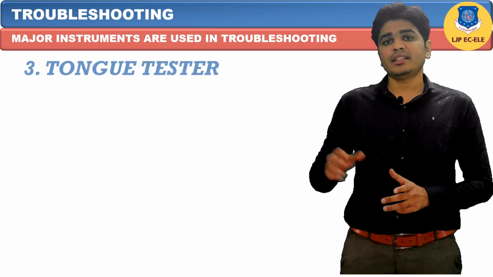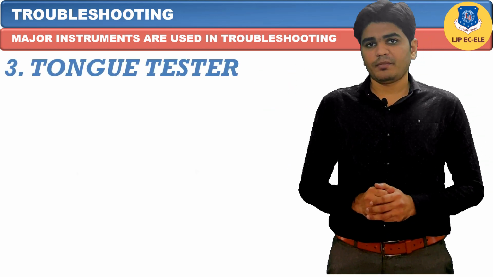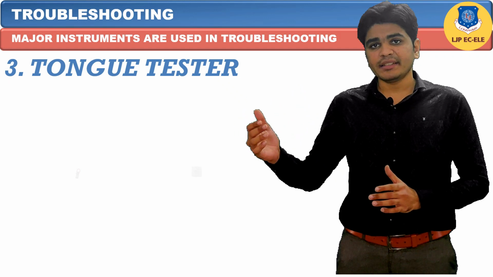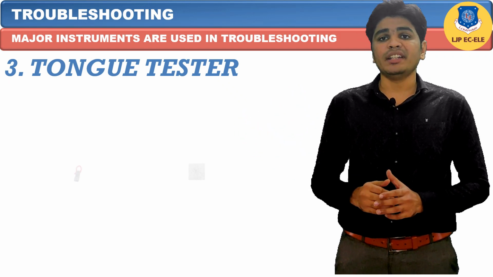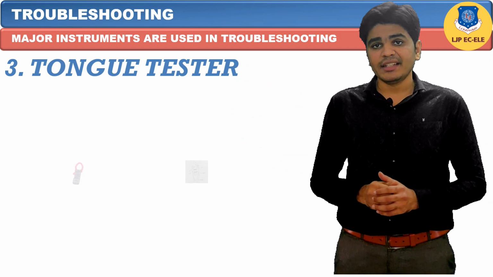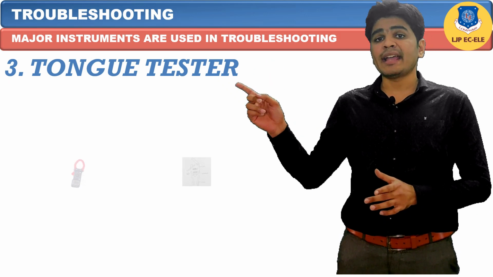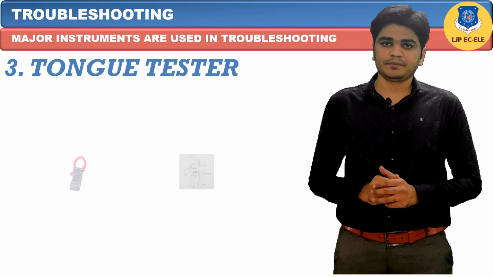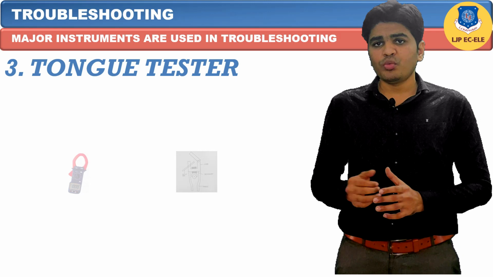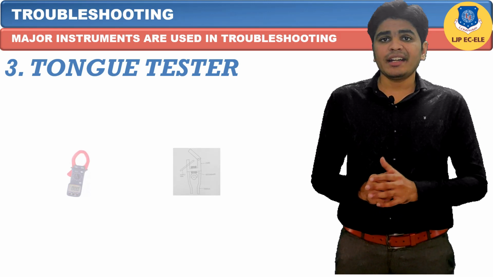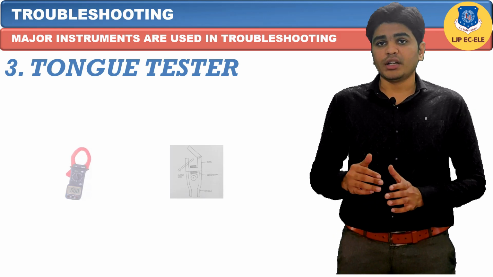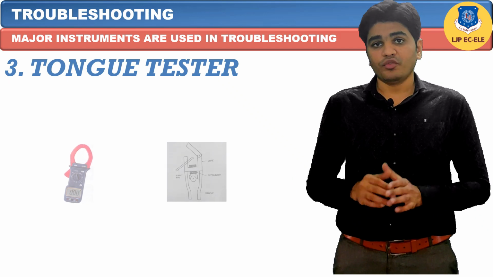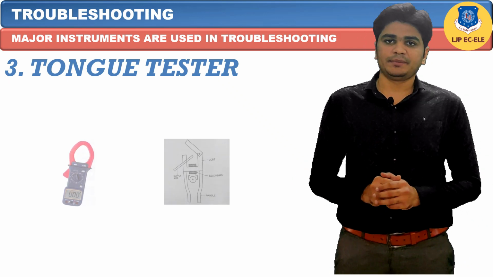Now third one is the tong tester. As you can see here, first one is an image of a digital tong tester and the second one is the main diagram of a tong tester. It is used to measure the alternating current flow through the conductor without breaking the conductor.